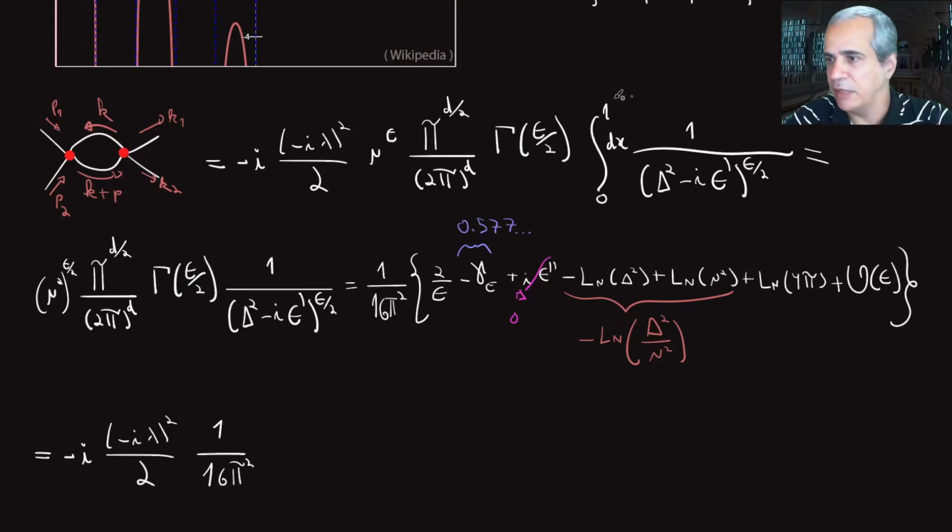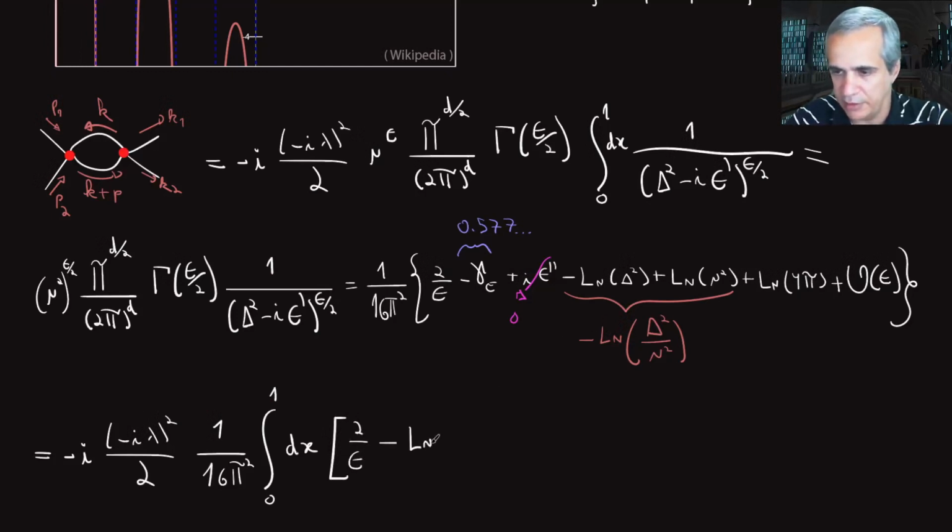right? The integral in x, and now this thing, right, which is a 2 over epsilon minus this log ln delta square over mu square, right, plus a bunch of numbers. I'll just call these big N, right?